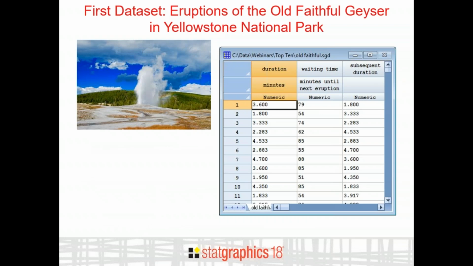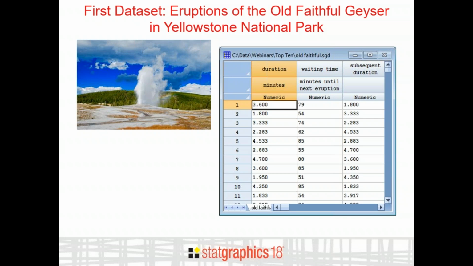It has to do with eruptions of the Old Faithful Geyser in Yellowstone National Park. The Old Faithful Geyser is one of the most visited tourist areas.